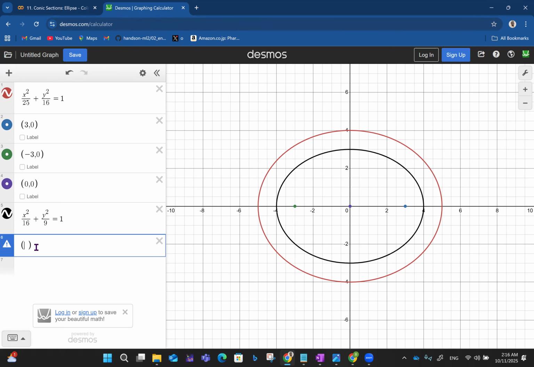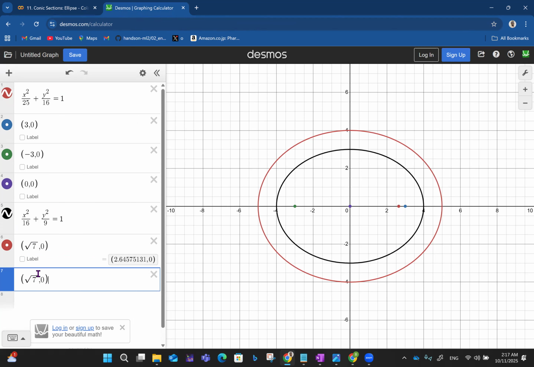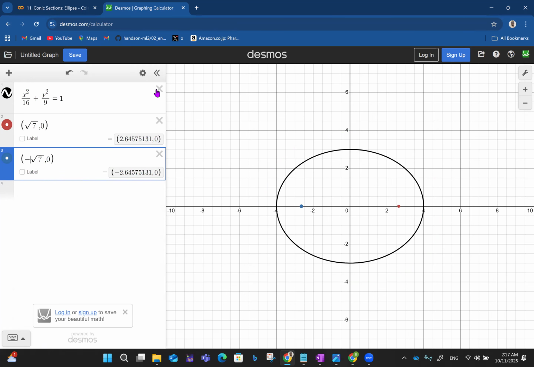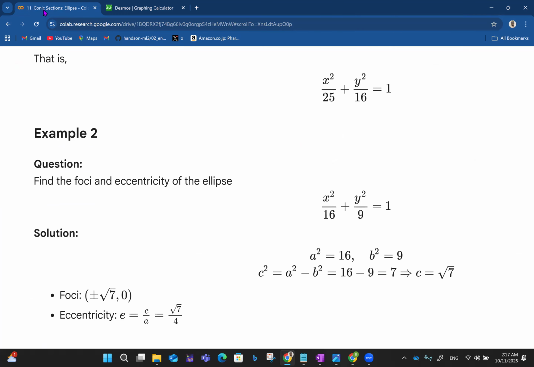So we have root 7, comma 0, that's that point right there, and then we also have minus root 7, comma 0. To really see that, we can delete all this, so we have this other ellipse.